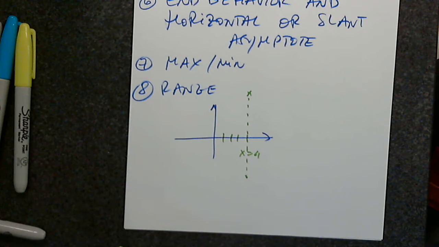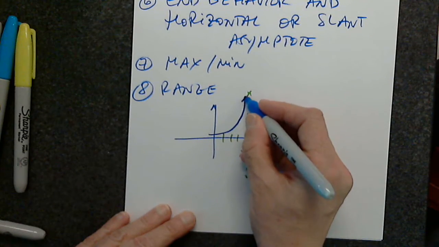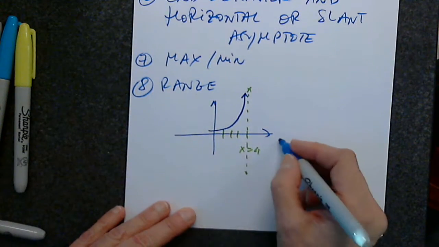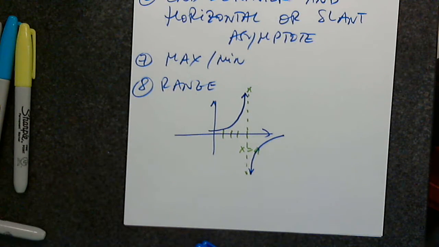The function can do this or this. There are basically 4 possibilities. The function can approach x equals 4, going towards infinity, or going to negative infinity on both sides, or opposites.